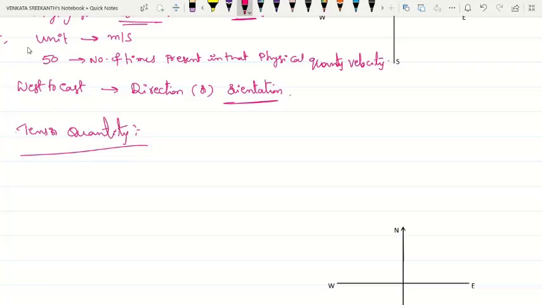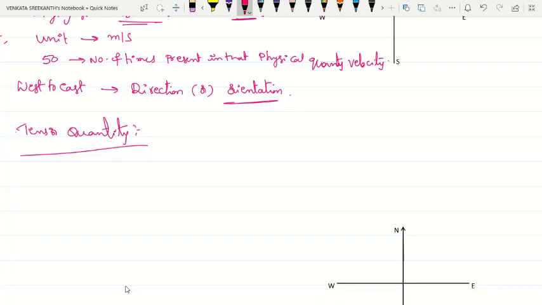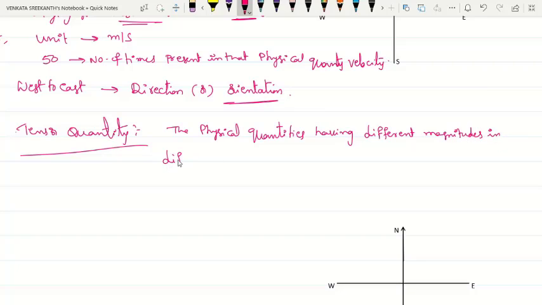See here, physical quantities having different magnitudes in different directions.